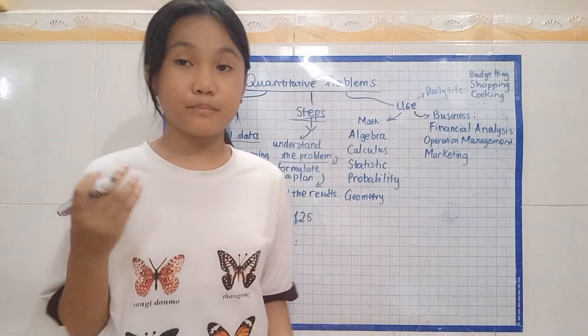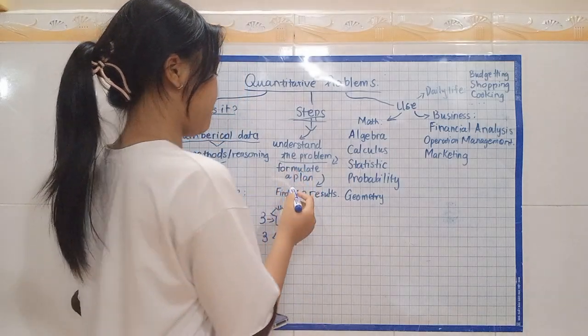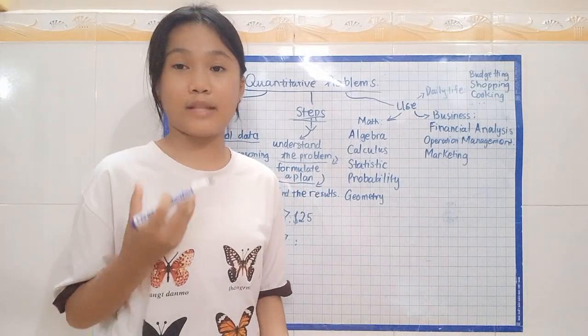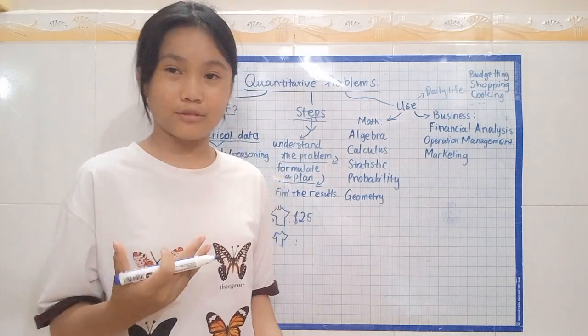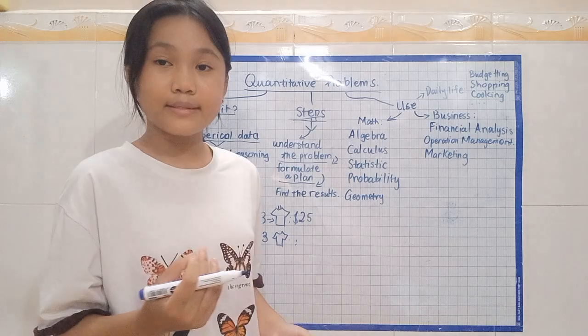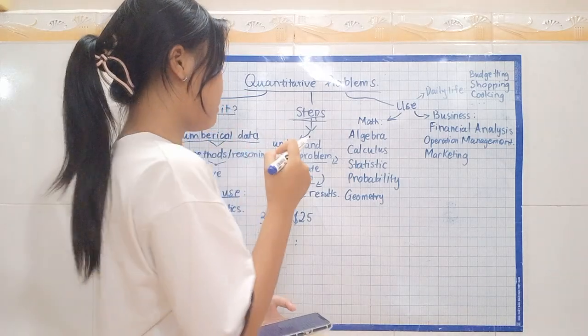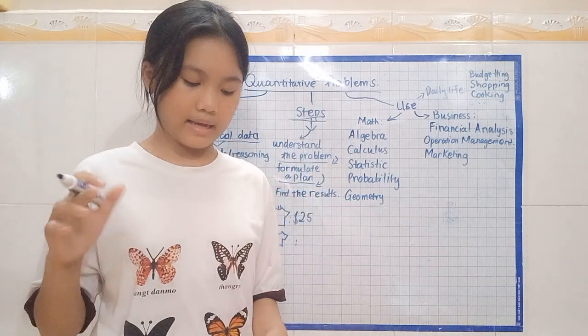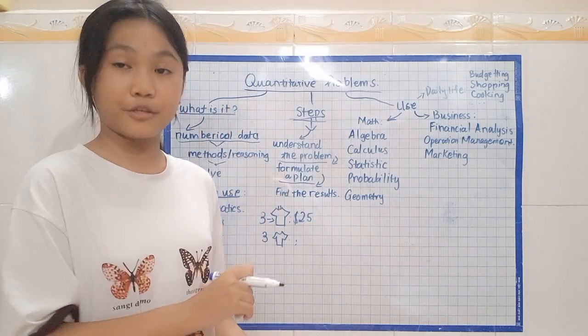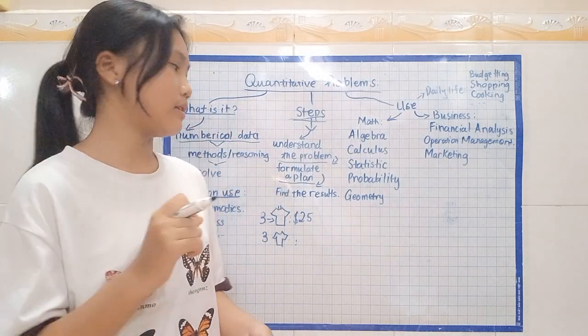After that, we would formulate a plan. We would reason out how we could actually solve it. In this case, we could easily plan that we just need to multiply the cost per shirt by the number of shirts that I want.